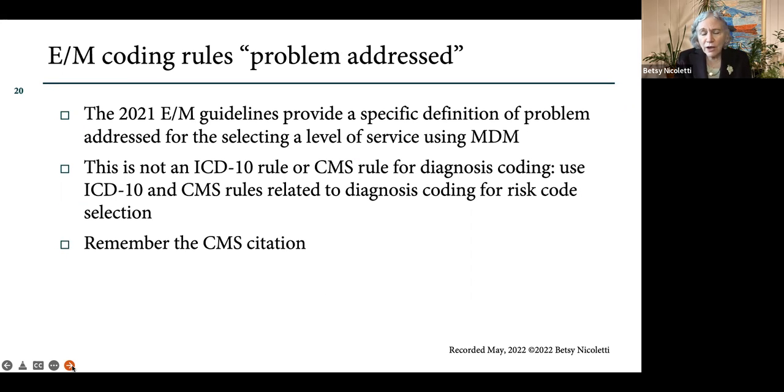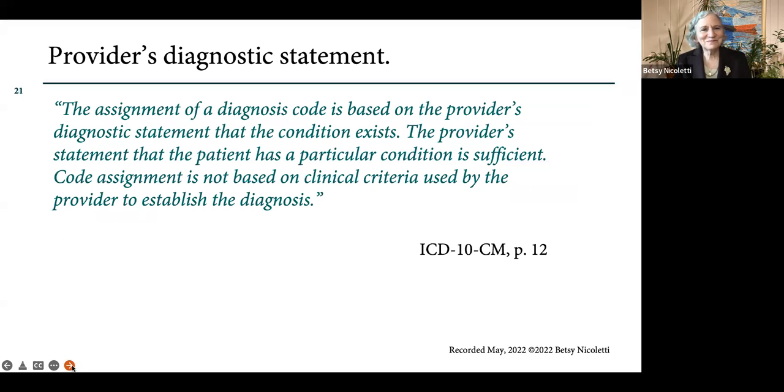So when we got the new 2021 E&M guidelines, we got a specific description of problems addressed. Just remember that the E&M guidelines for selecting a level of service using medical decision-making are different than the ICD-10 guidelines for selecting a diagnosis code. Straight from our ICD-10 general guidelines: the assignment of a diagnosis code is based on the provider's diagnostic statement that the condition exists.